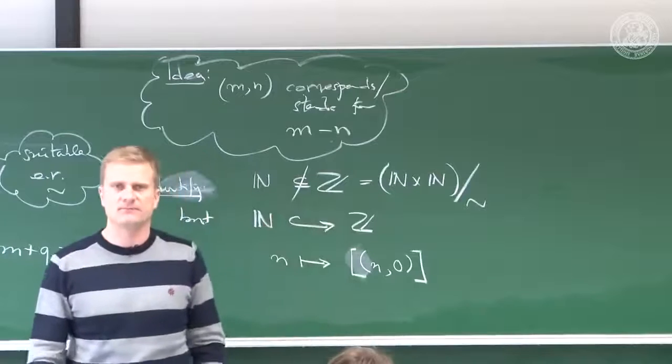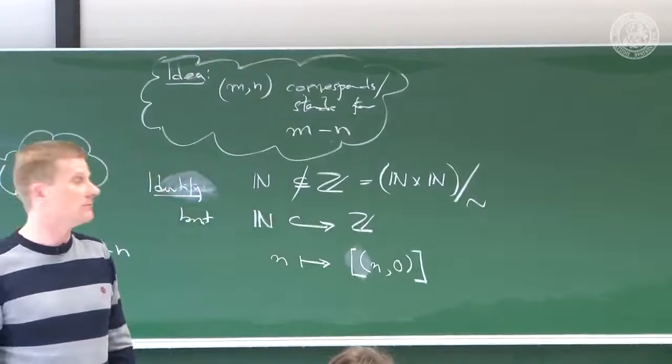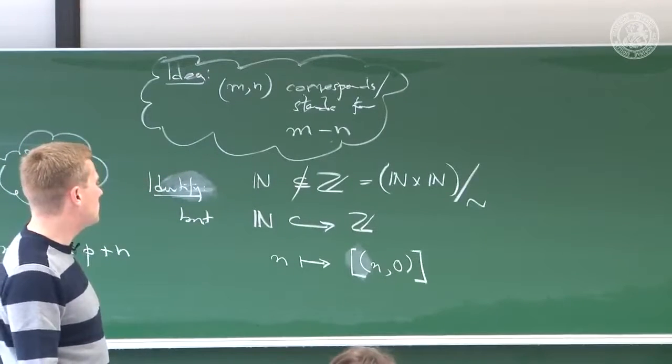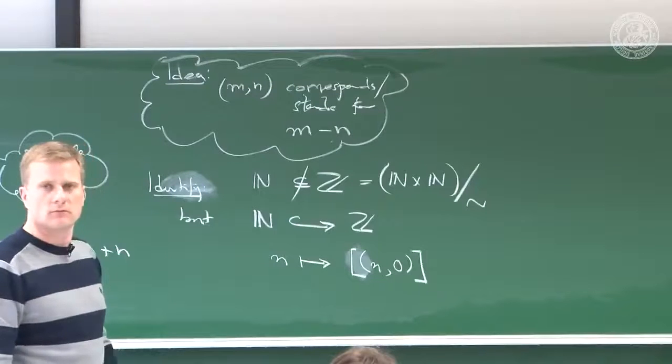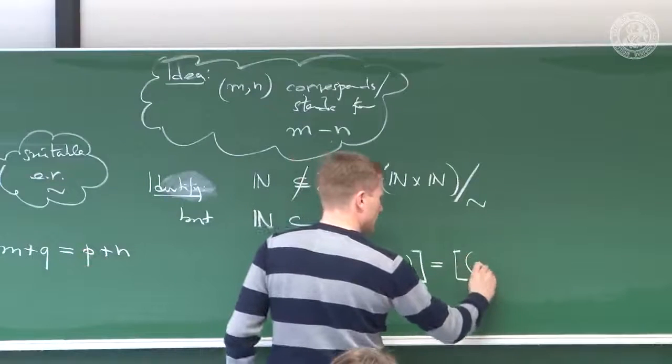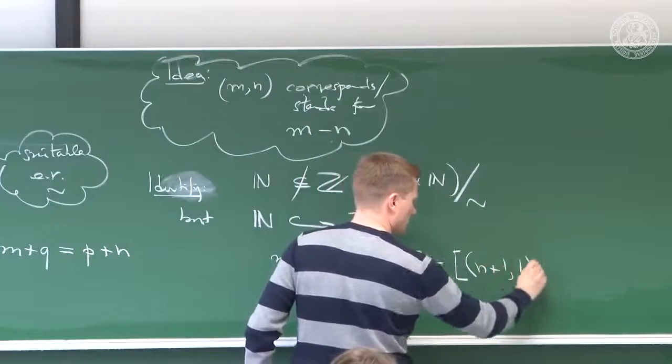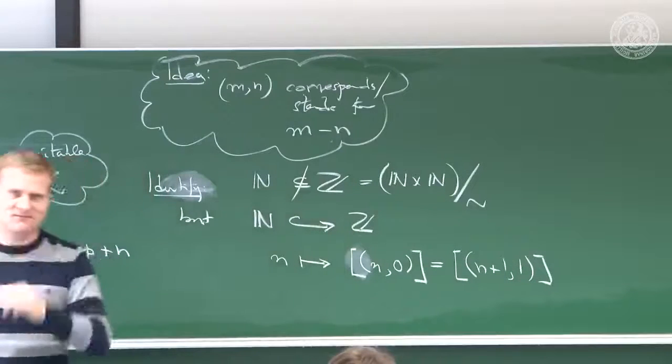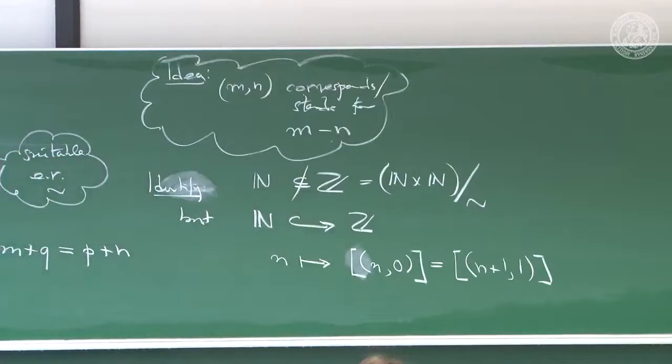Okay. That's the idea. You do the same. Anything more about N being a subset? No, no. Obviously, because of the definition of the equivalence relation, this is the same as this equivalence class, because they're all identified. That's clear, no?